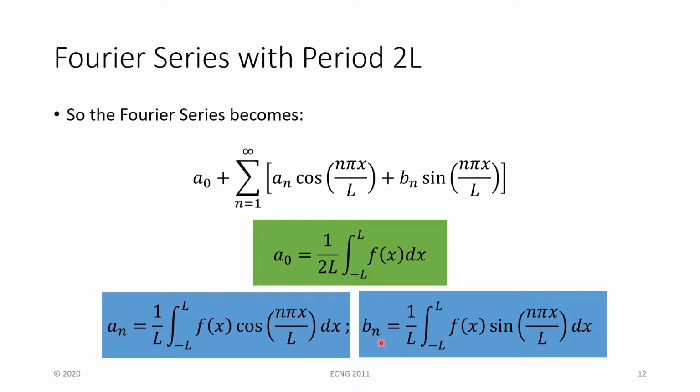And our Bn equation, representing our even coefficients, is going to be 1 on L integrating between L and minus L of f of x sine n pi x on L dx. Sorry, I said the wrong thing. The sine coefficients here are odd, the cosine coefficients here are even.